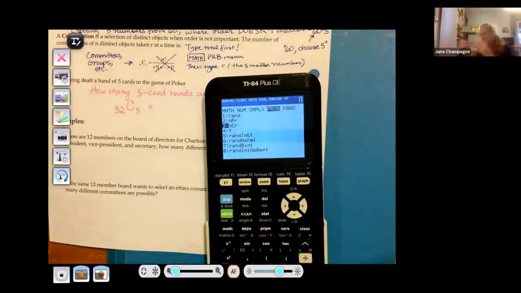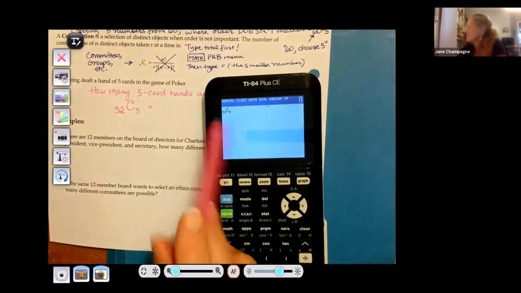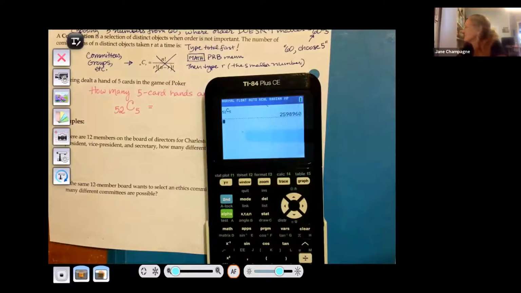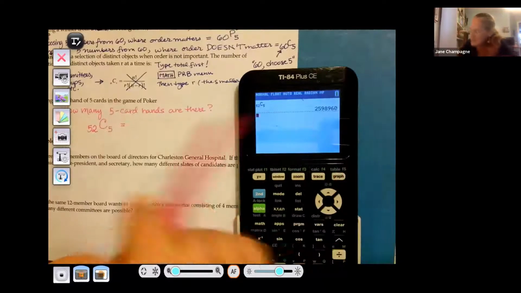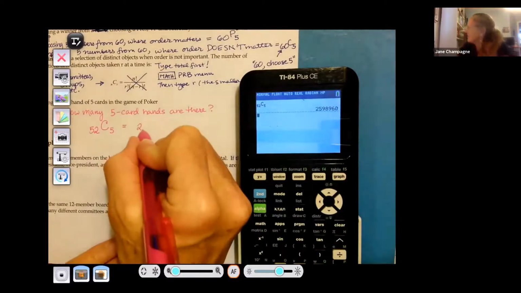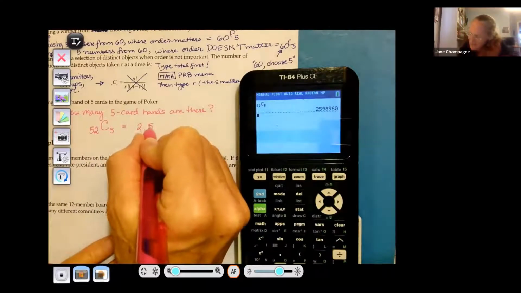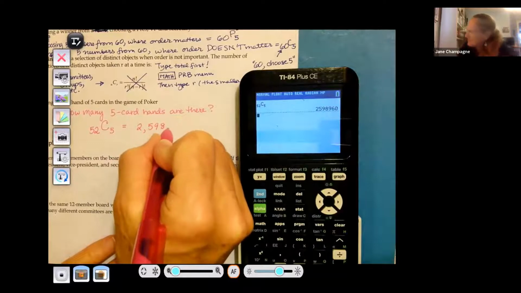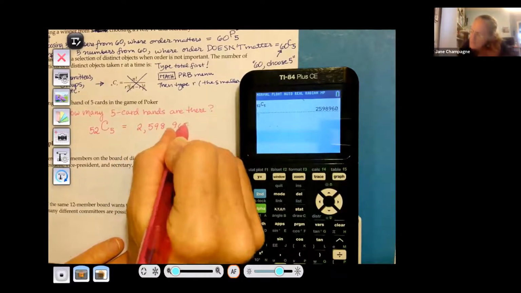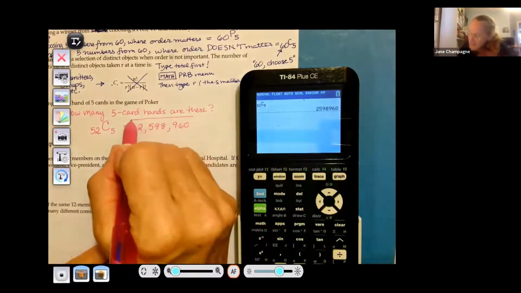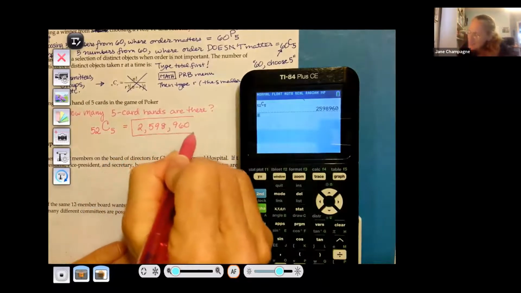You can rearrange your cards in your hand, still the same hand. So NCR, and then 5. See how it puts it in position for us? Kind of nice. So this is how many 5-card hands there are: 2,598,960. So if you're looking for probabilities of certain hands, it's always out of that.